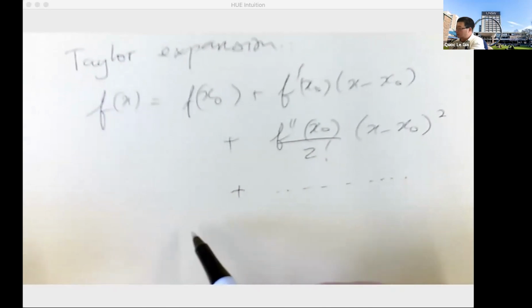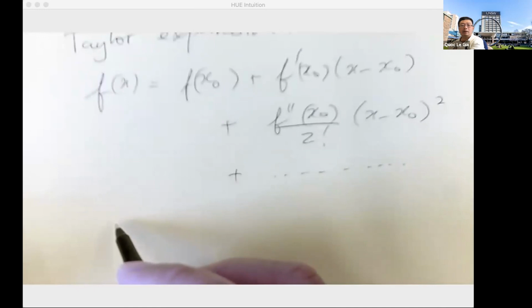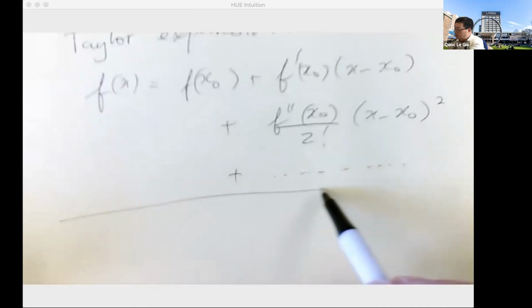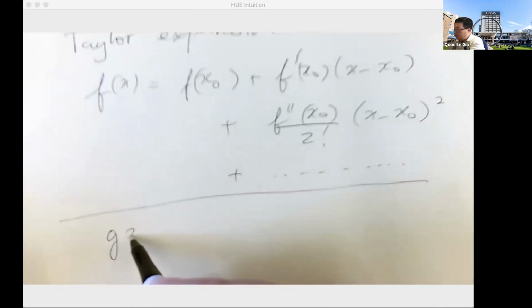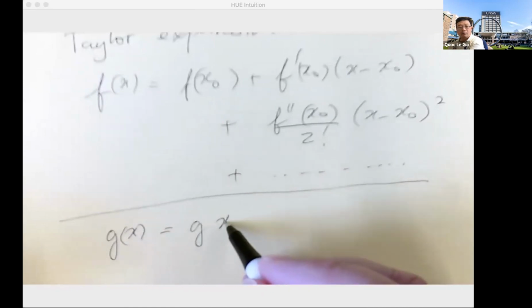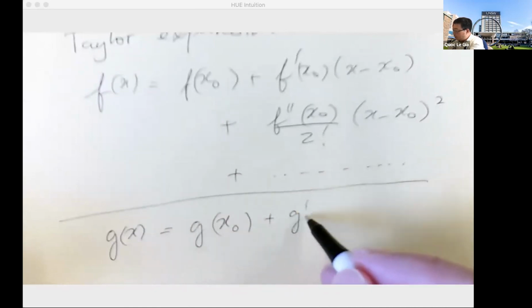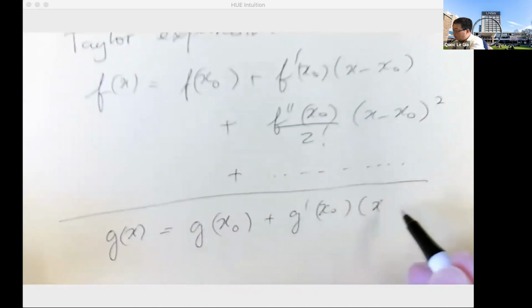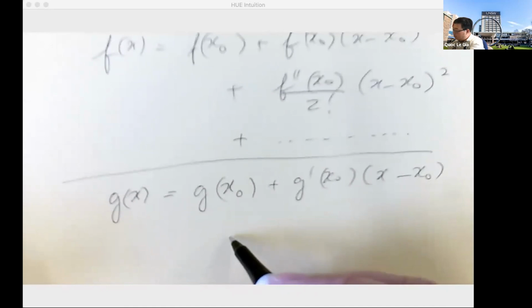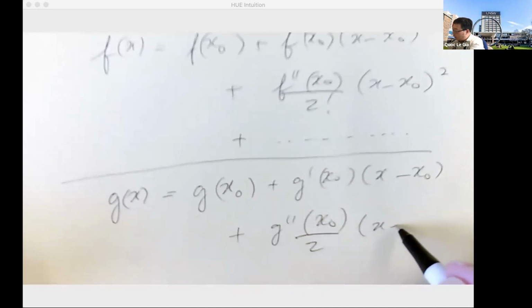Now two things. First, I put f to be g, because I'm interested in the function g. So then I have g(x) equals g(x0) plus g prime(x0)(x minus x0) plus g double prime(x0) over 2 times (x minus x0) squared, plus dot dot dot.